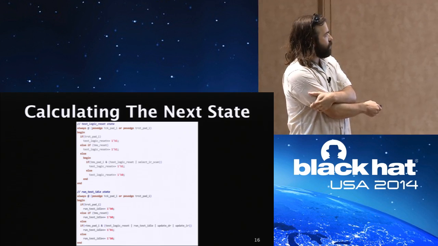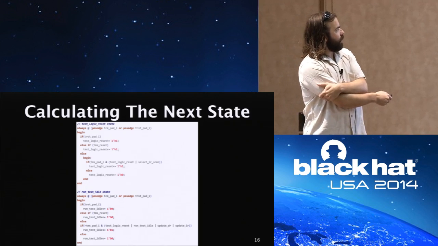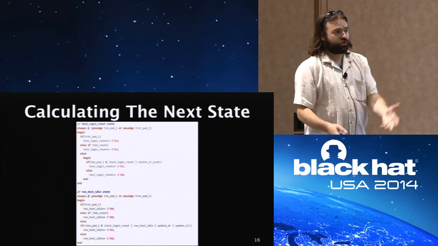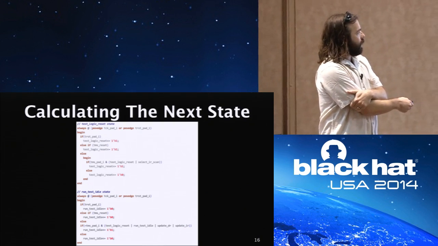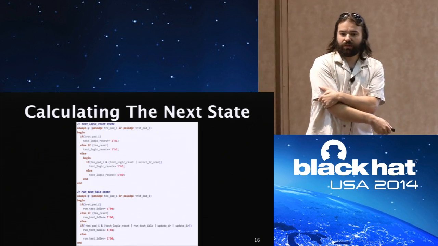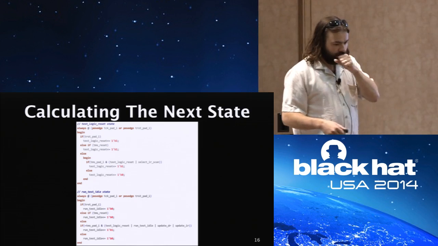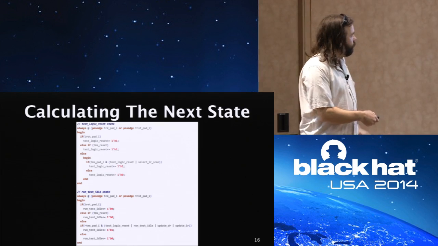So the test logic reset state, and I'll decode some of the Verilog for you, this always block means that this event is triggered whenever any of these signals change, either the TCLK signal or the TRST signal. So when we reset the part, it resets. That makes sense. Every time we have a clock, we might jump to the next state.